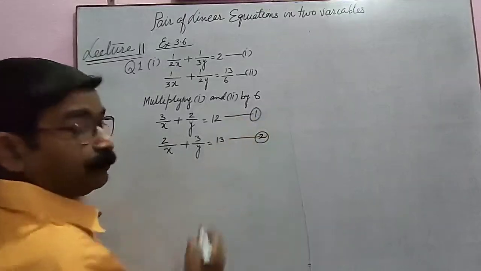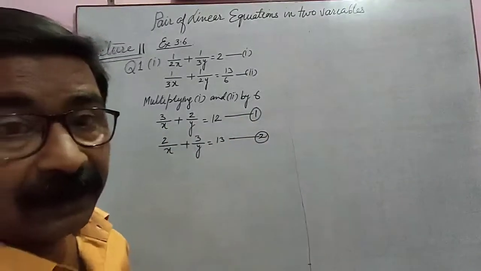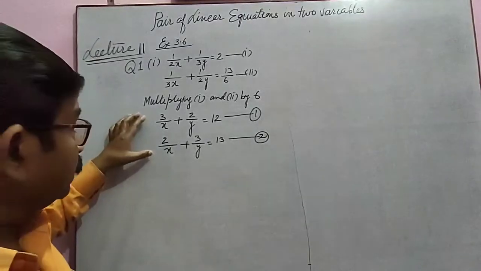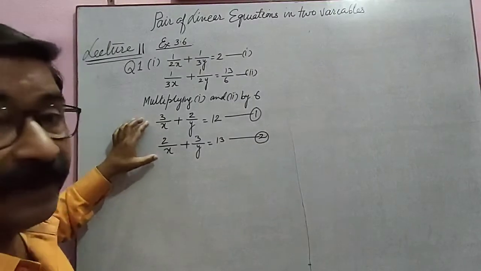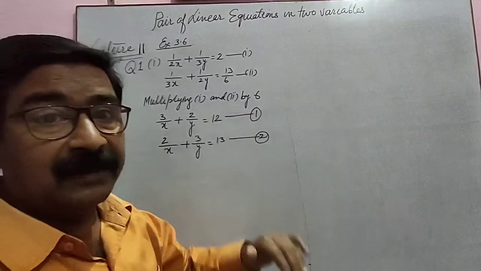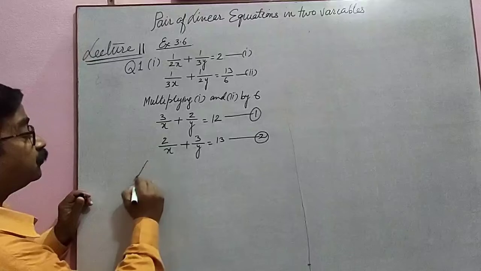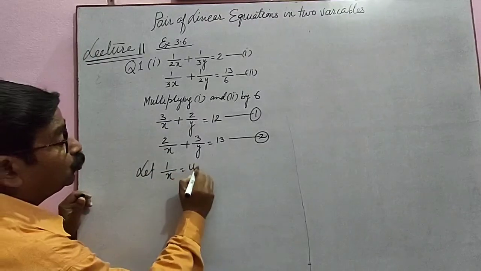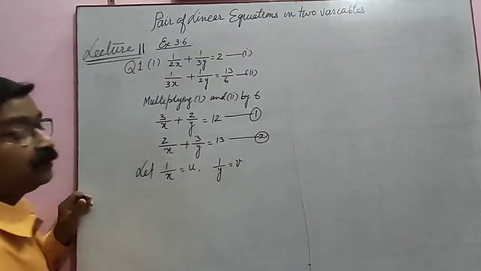Equation number 2. Now you can solve this by direct method, but it is easy to assume the fraction by any other variable. Replace this by any other variable, like 1 upon x is equal to something, 1 upon y is equal to something, and then solve it. Like I am taking it, let 1 upon x is equal to u, 1 upon y is equal to v.